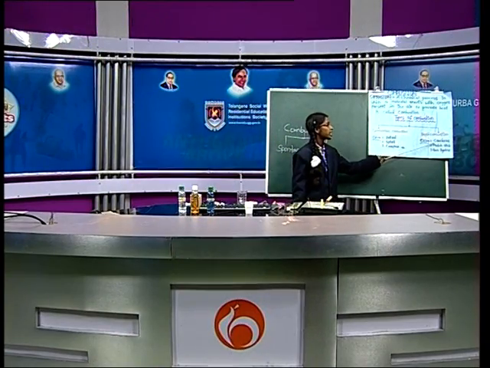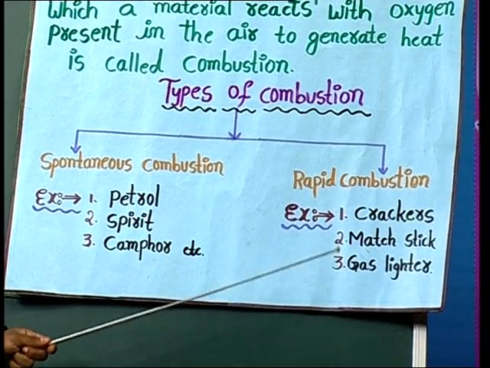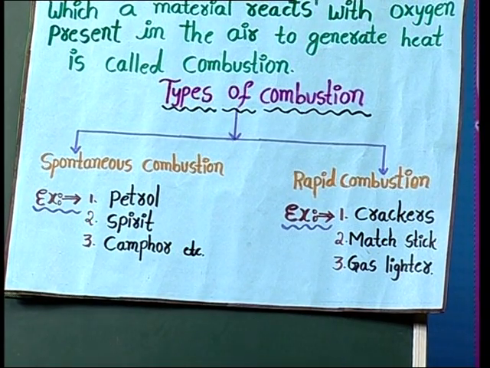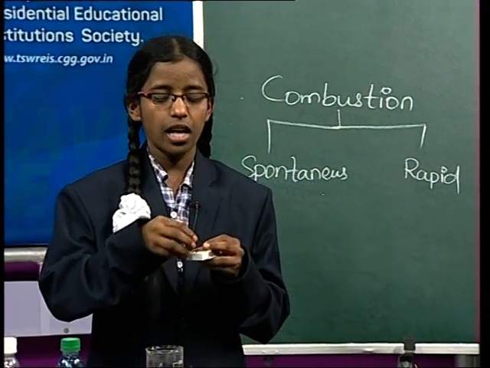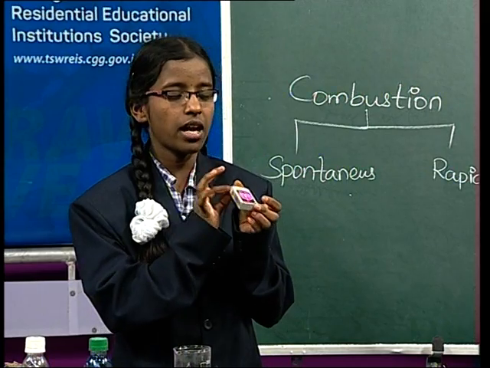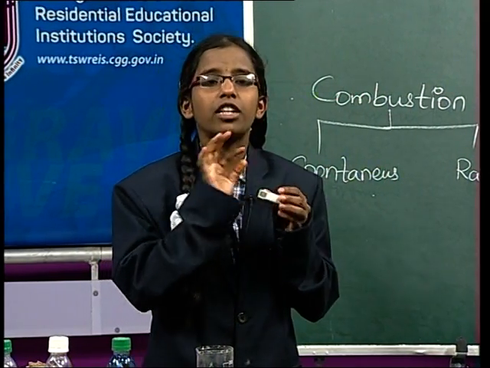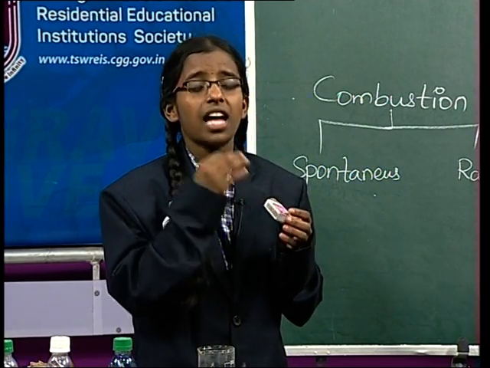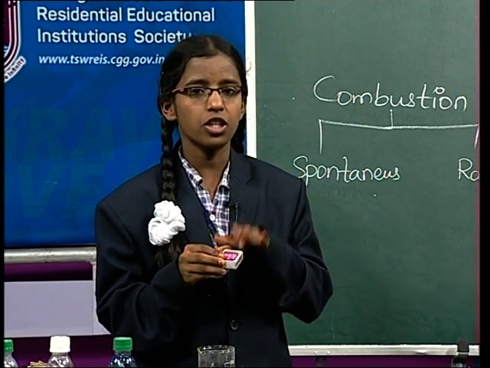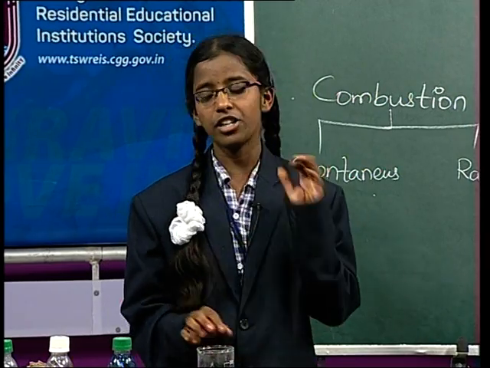See here, friends, examples of rapid combustion: crackers, matchstick, gas lighter. When we rub the head of the matchstick on the surface of a matchbox, it will not burn immediately. It will take some time. We have to try it rapidly. After some time, it will burn. So, this is the example for rapid combustion.